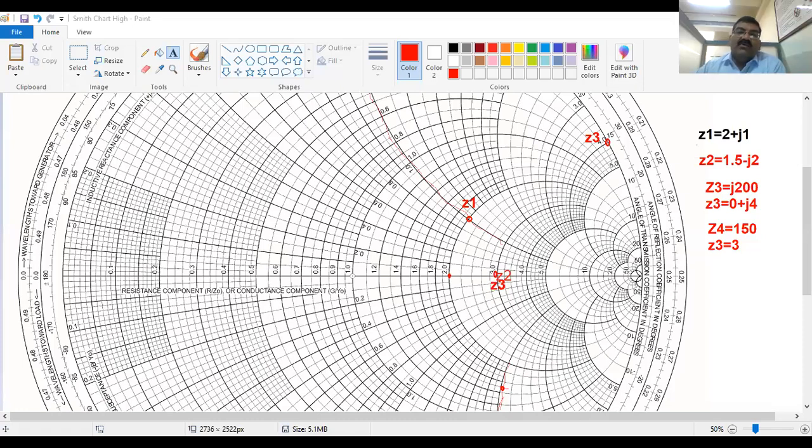Now I will go for the Z5. Now Z5, I'll just go for the open circuit. Sorry, this is what Z4, na? Okay. So it is Z4. So Z4 we have plotted.